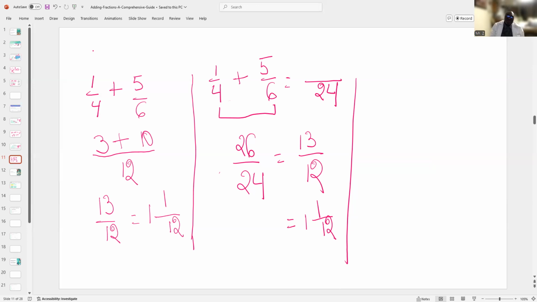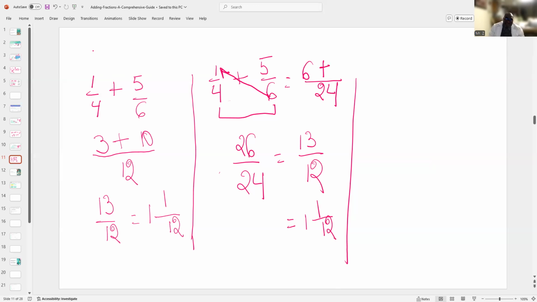Step number 2, multiply the denominator of the second fraction with the numerator of the first fraction. 6 times 1, I have 6. You put a plus sign.